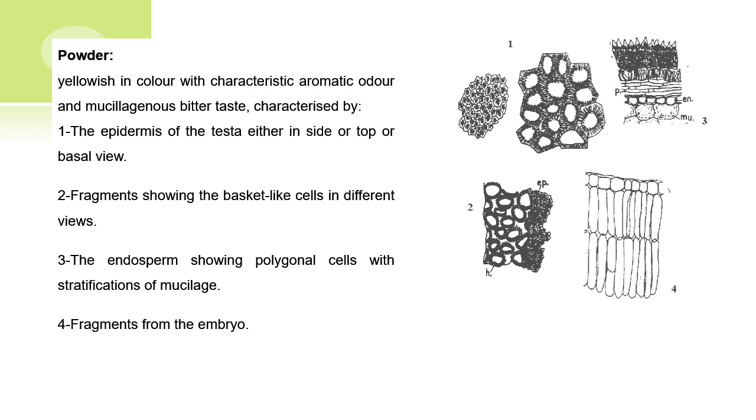Microscopically, the powder is characterized by the testa in different views: inside view of the epidermal cells of the testa followed by hypodermis, and the Malpighian cells or epidermal cells in top and basal view, followed by the basket cells or hypodermis in surface view, and cells of the embryo, elongated, filled with oil globules and aleurone grains.